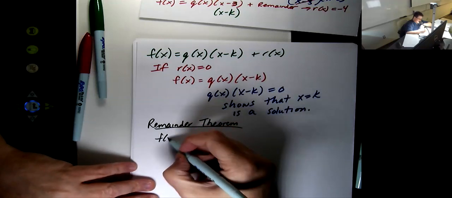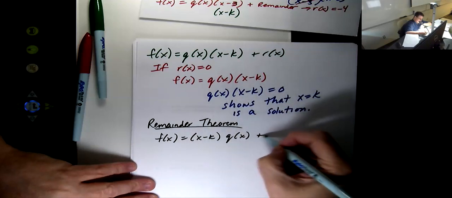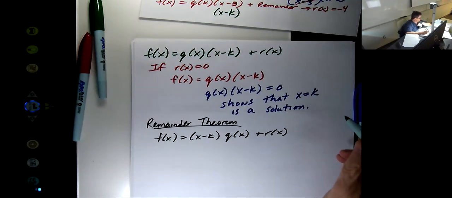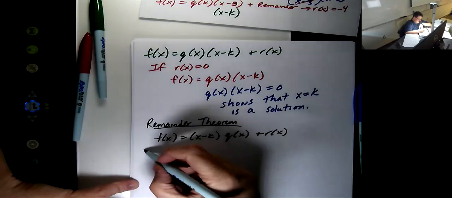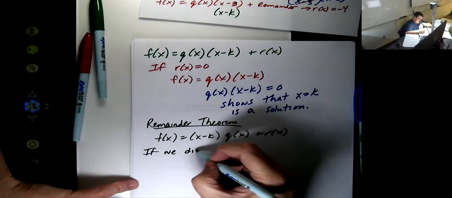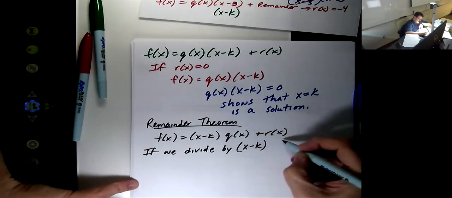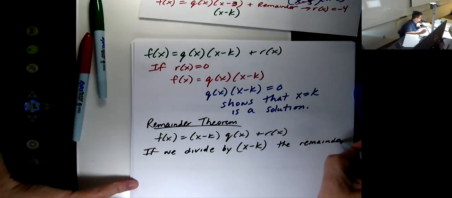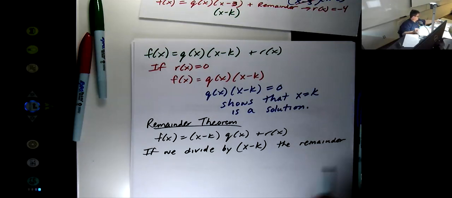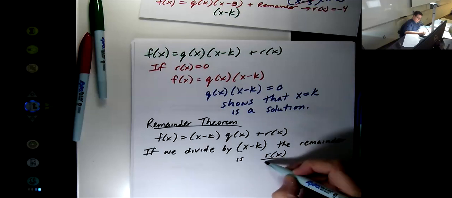So f of x equals x minus k times q of x plus r. And so the remainder theorem is, if we divide by x minus k, the remainder is r of x over x minus k.